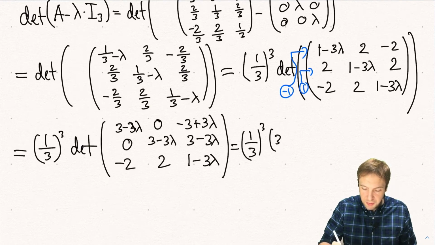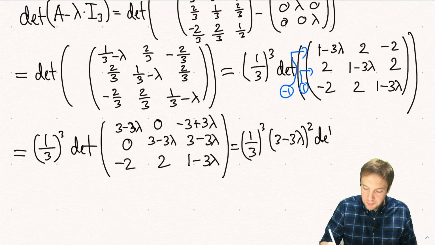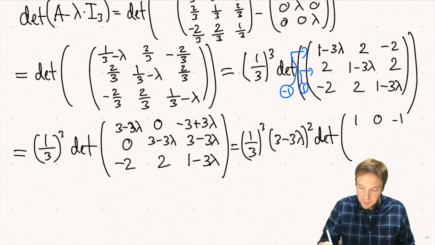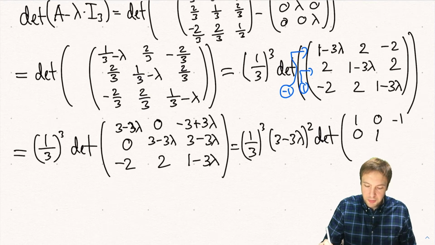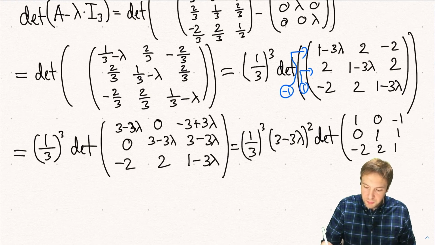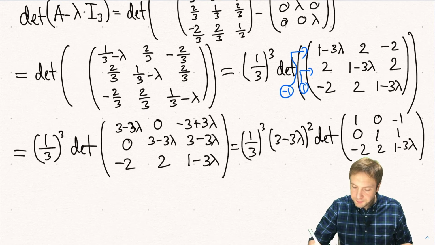And here I have 3 minus 3 times lambda squared. And now here I have 1, 0 and minus 1, 0 and 1 and 1, and here minus 2, 2, 1 minus 3 times lambda.